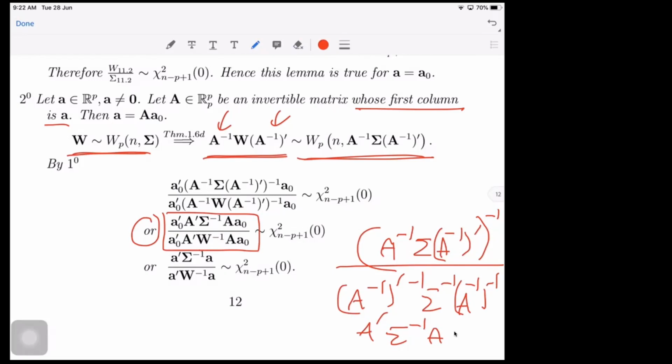But, and then from here, this one is just A. This one is just A prime. Because that is how we define that. So my question is, can we do this? Kinina ano?